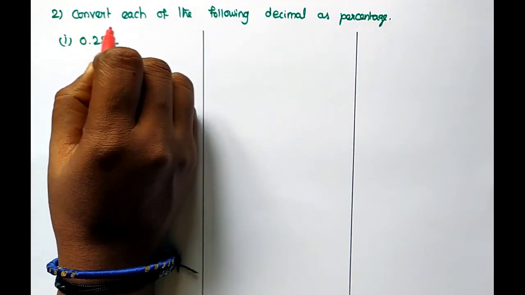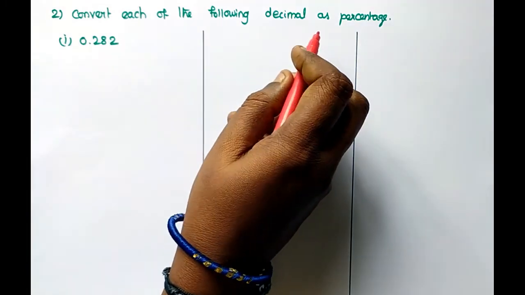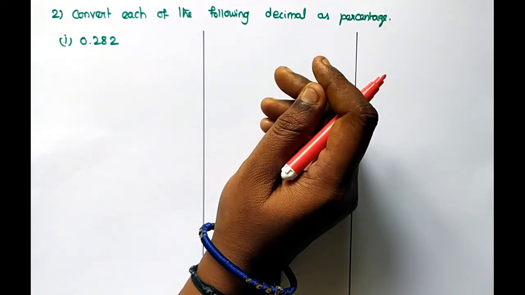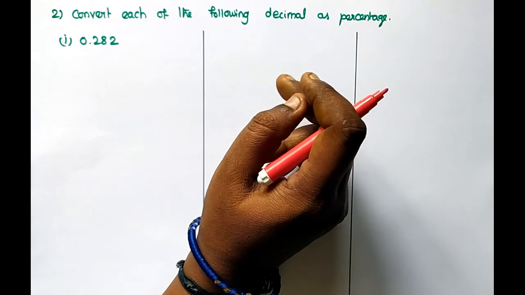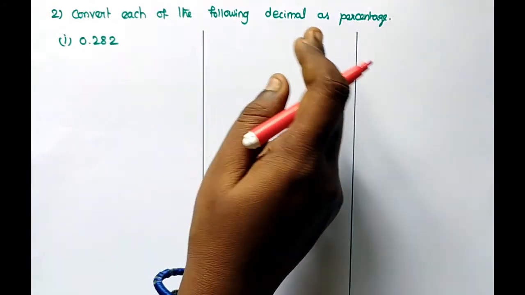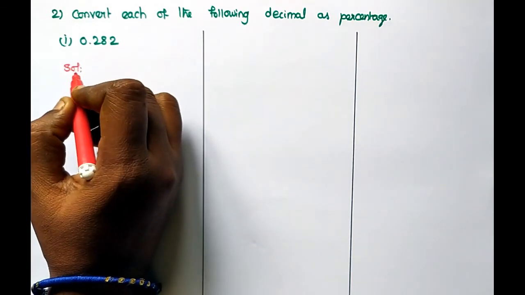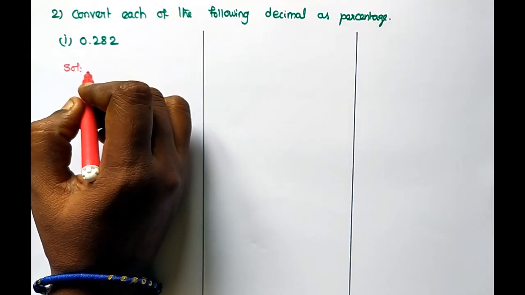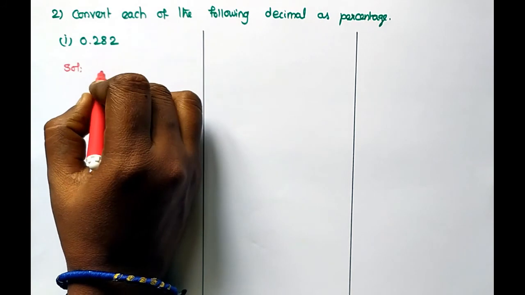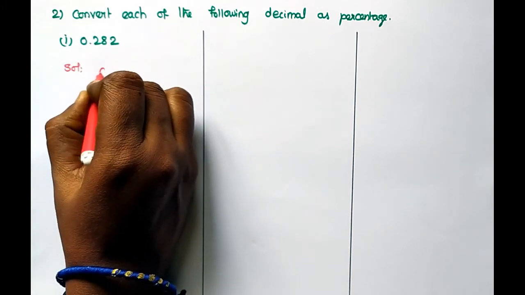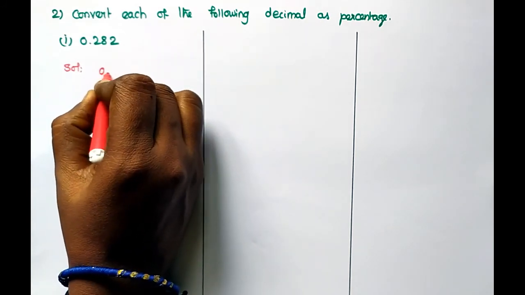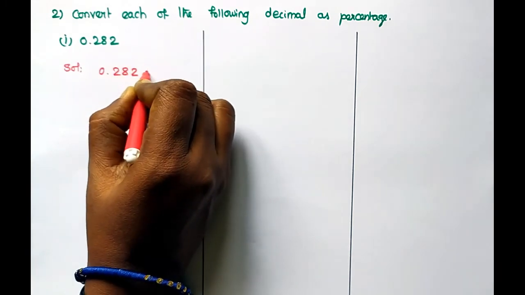Second question, convert each of the following decimals as percentages. In the first question, we converted percentage as decimal. Here, decimal as percentage. So first one, 0.282. Percentage means multiply with 100.